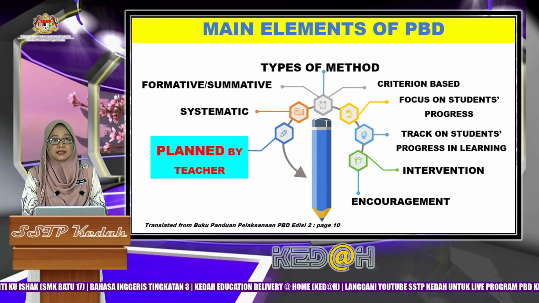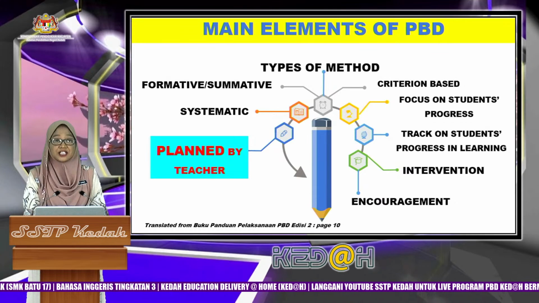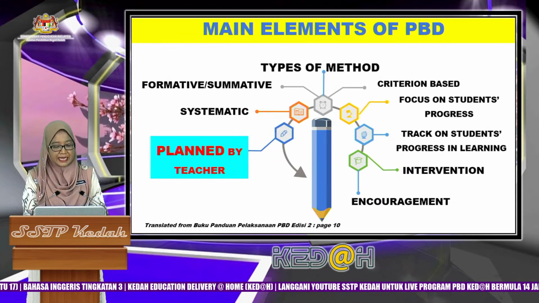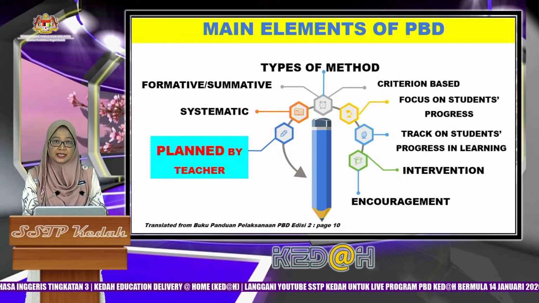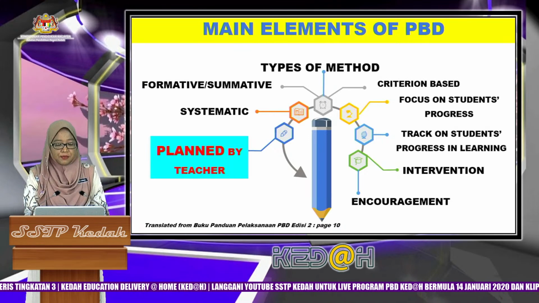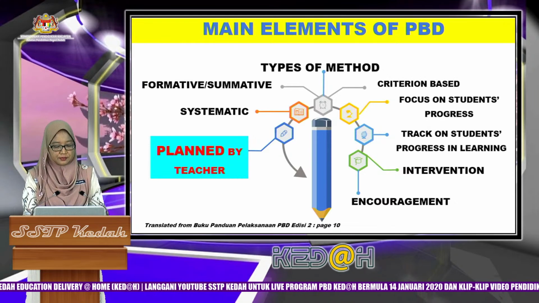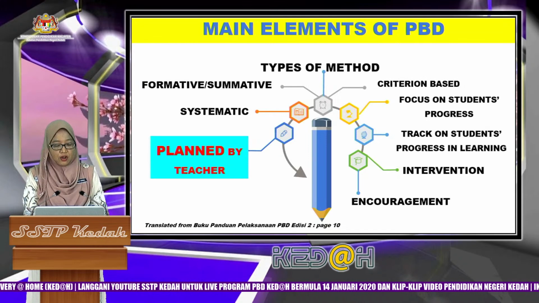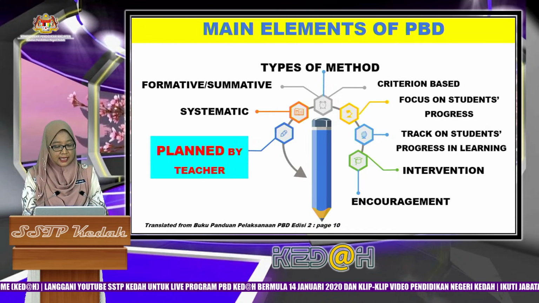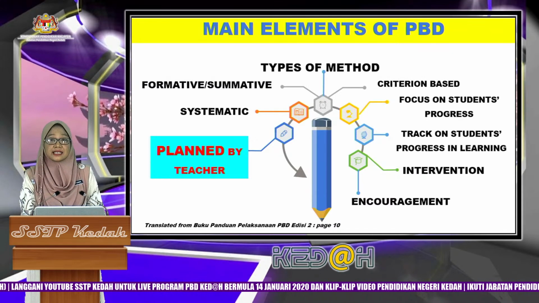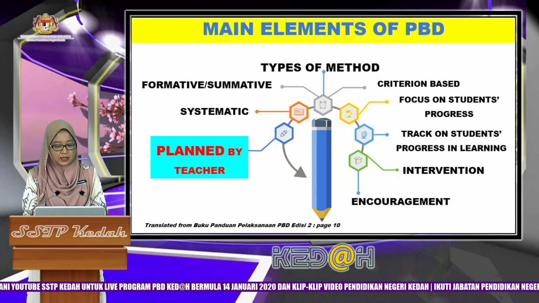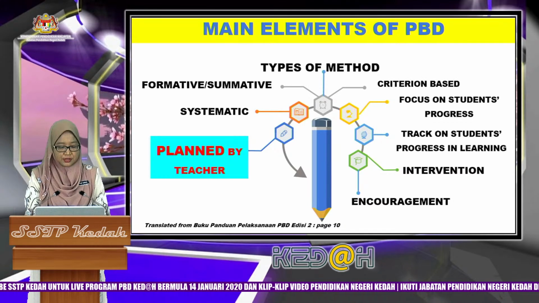Don't forget to do necessary intervention after you have completed your classroom assessment. It is important that you find ways to help your students. Last but not least, peer assessment and self-assessment are conducted to encourage them to improve from time to time.